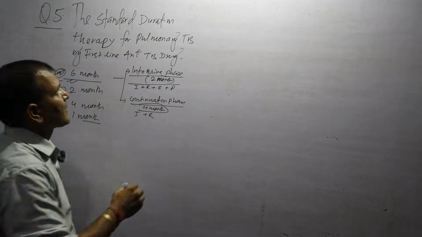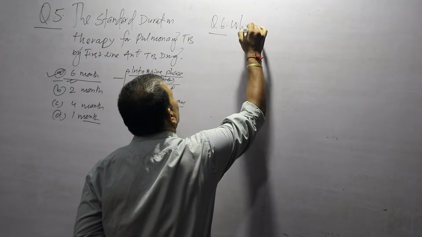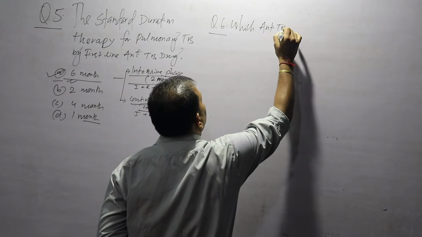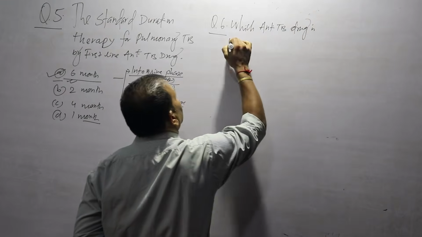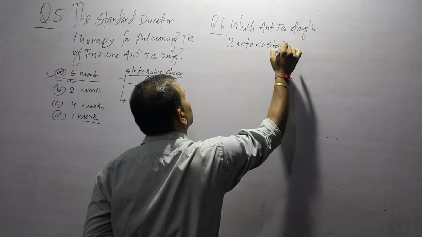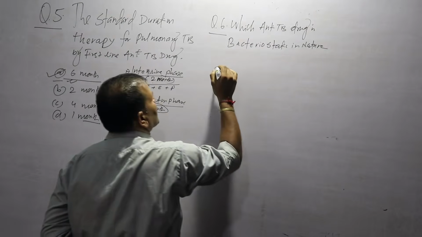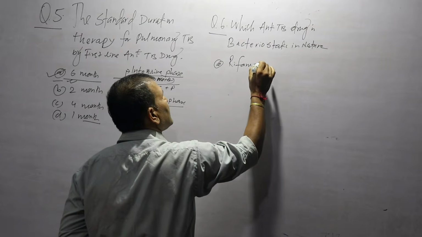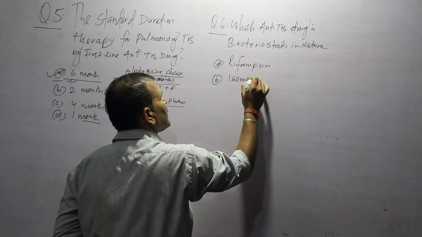Question number 6. Which anti-TB drug is bacteriostatic in nature? Option A, rifampicin. B, isoniazid.